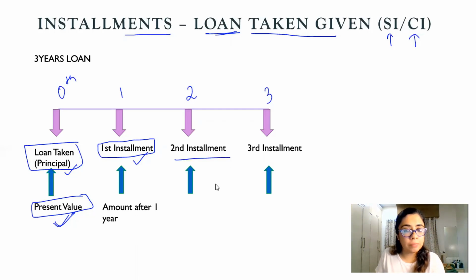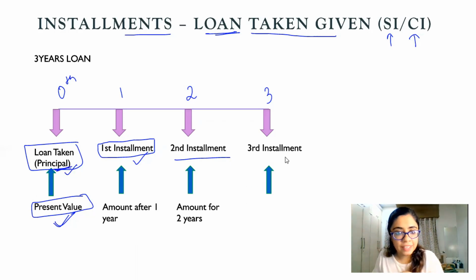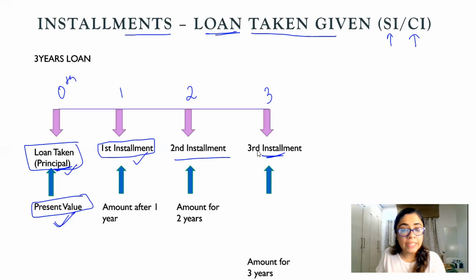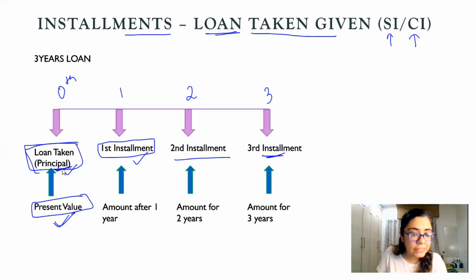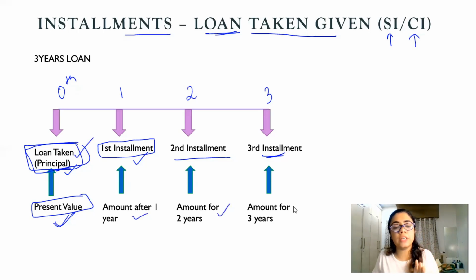Okay, second installment is the amount this principal becomes after 2 years. And this third installment is the amount this principal becomes after 3 years. What does it mean that the amount is formed? You are adding interest to that, right? So this was your pure principal taken. The amount it becomes after 1 year, after 2 years, and after 3 years. That's your first installment, second installment, third installment.